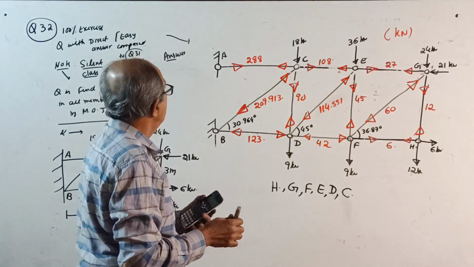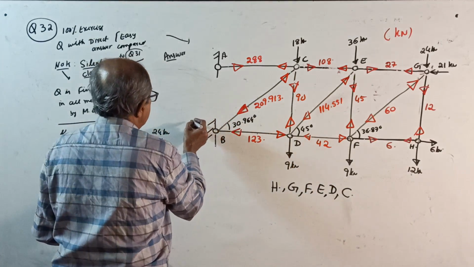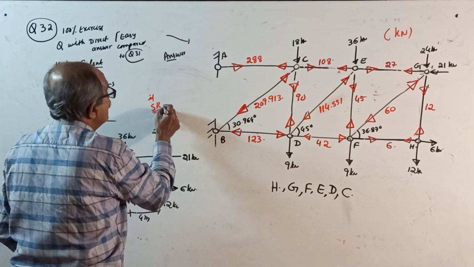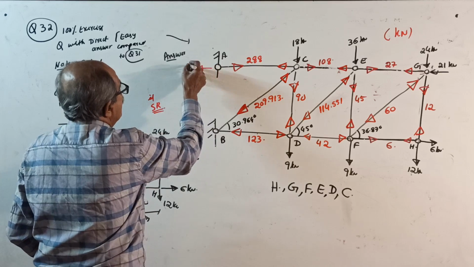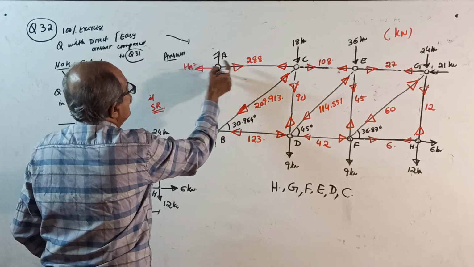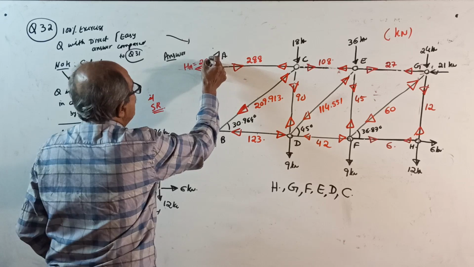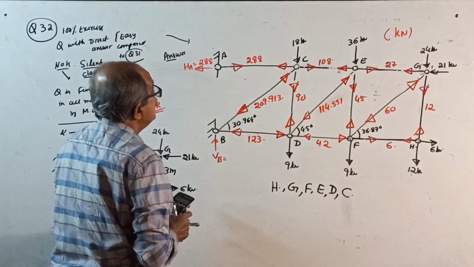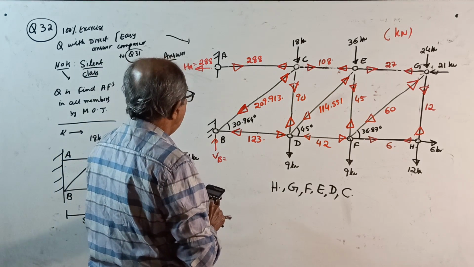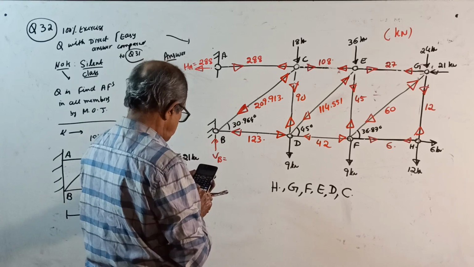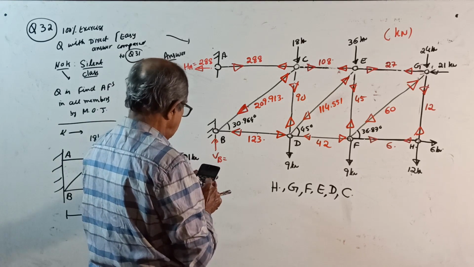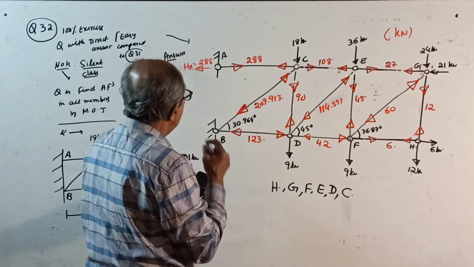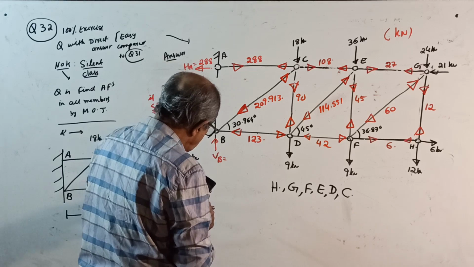Over. Next. 209.913 into sin 30.964 is 108.